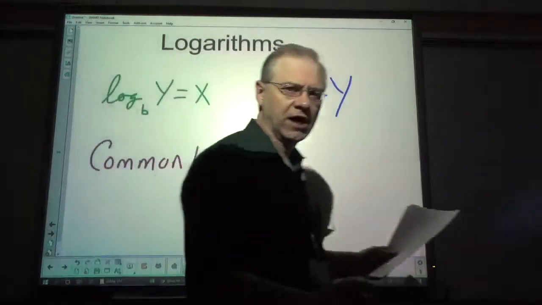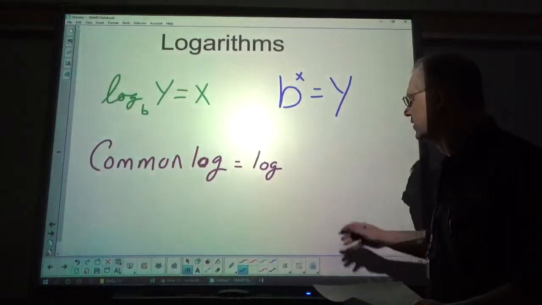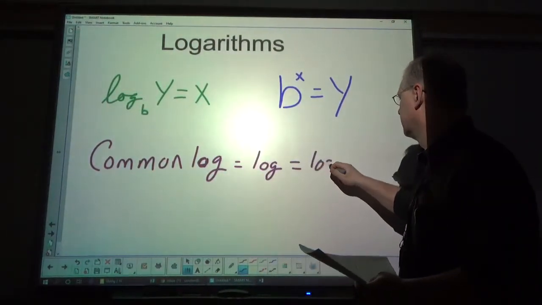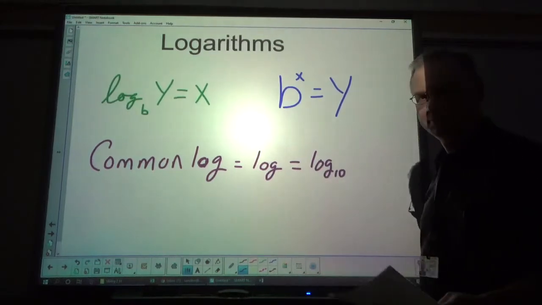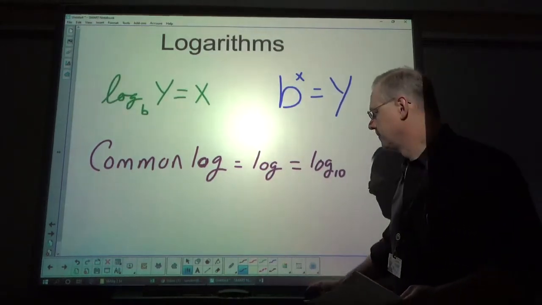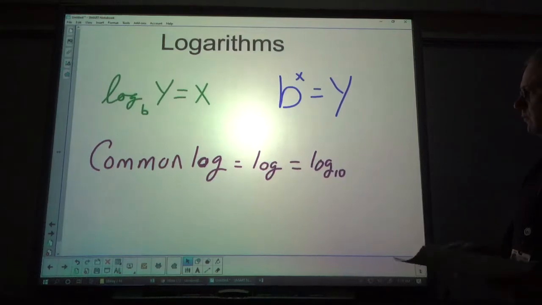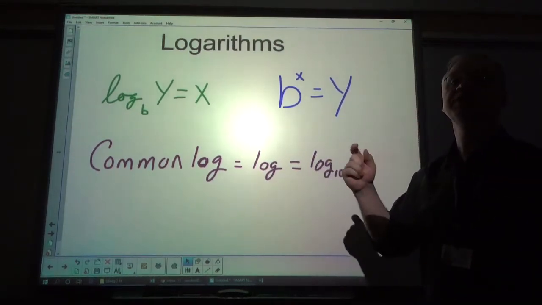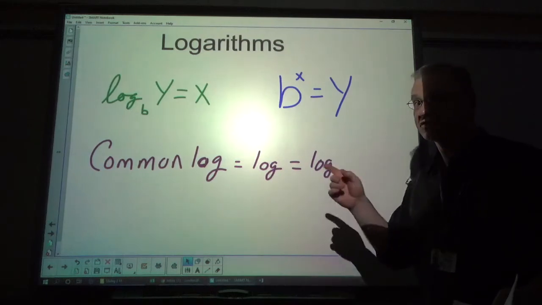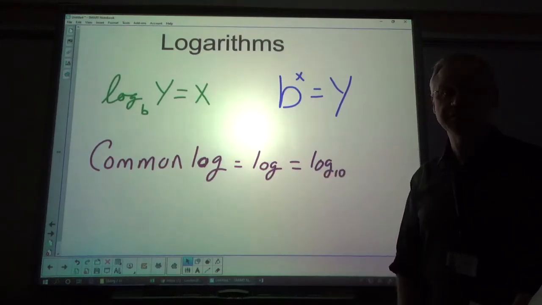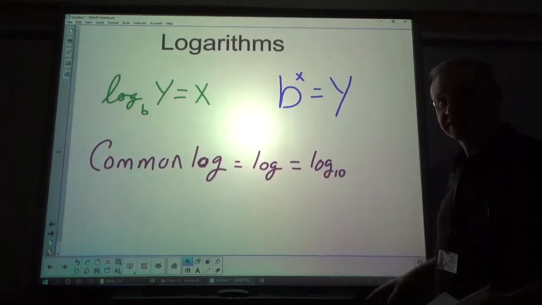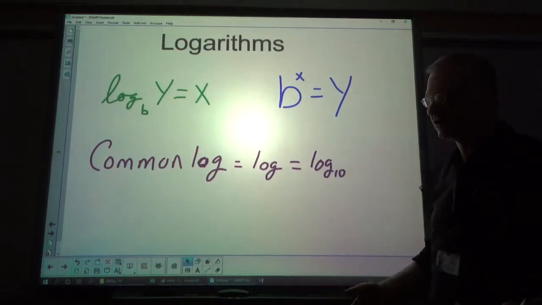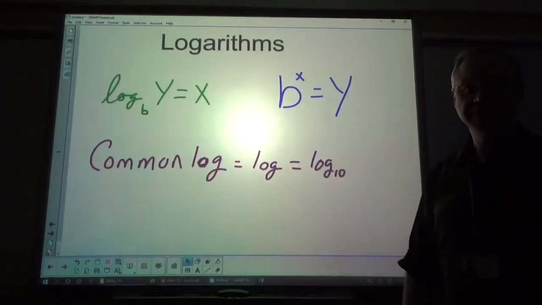If you just see log, you know it's a common log, which is log base 10. That's what we're working with when we see common log. If it doesn't have a base, it's assumed to be base 10. Kind of like when you have a square root, the index is assumed to be a 2. Or when you write x, it's assumed to be 1x to the first. It's assumed to be base 10.